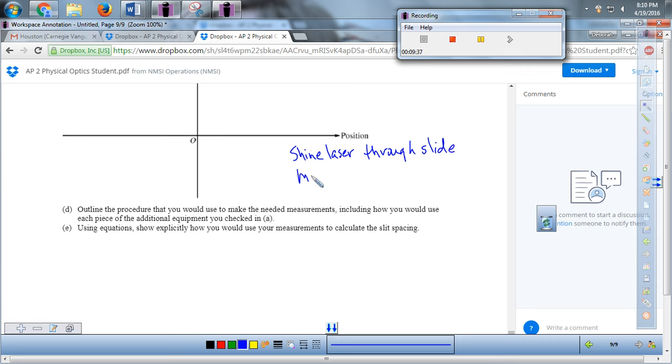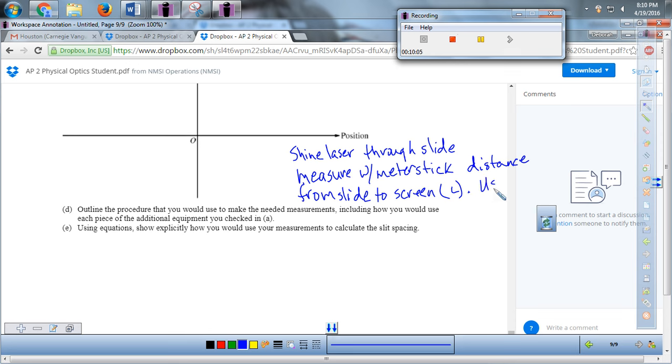All right, I would measure with meter stick the distance from the slide to the screen, which is L, what we're calling L. And then I would use the ruler or, I guess I said tape measure, use tape measure to determine distance from max to max.